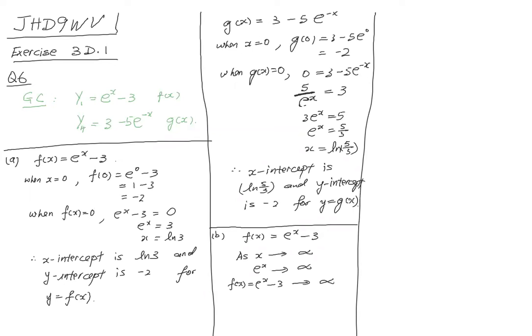Then the next one, the other direction. As x approaches, Nicholas, continue. As x approaches the left. To the right is infinity, to the left it's negative infinity.